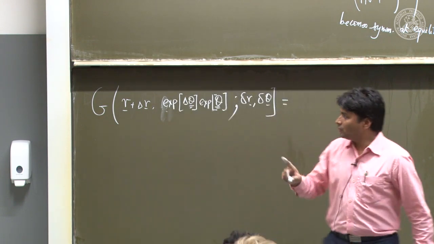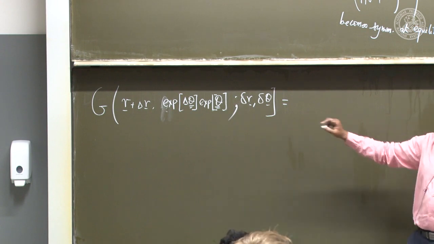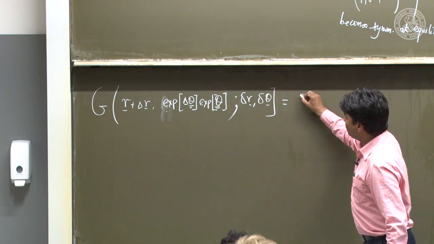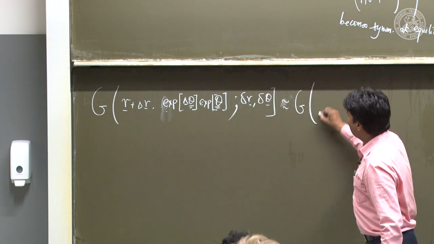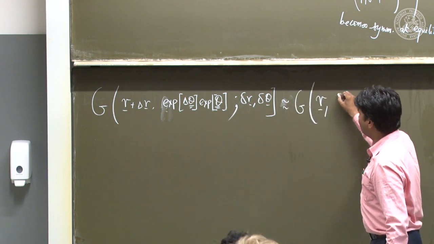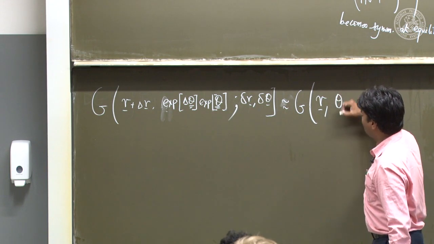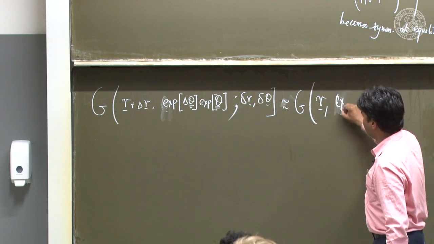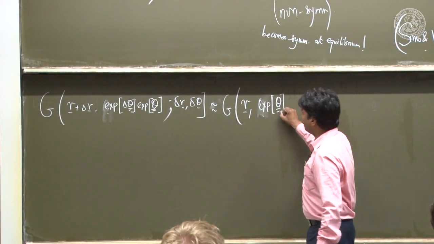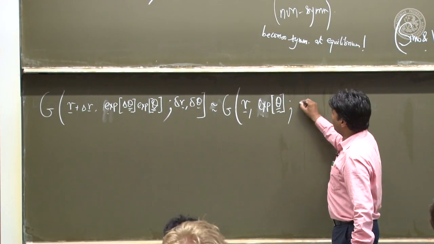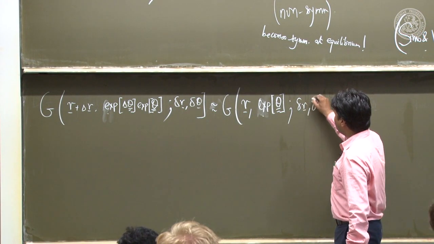So you remember you were doing Taylor expansion for this G. So this was approximately equal to G at little r, comma little theta, or you just say exponential of theta, del r, del theta.